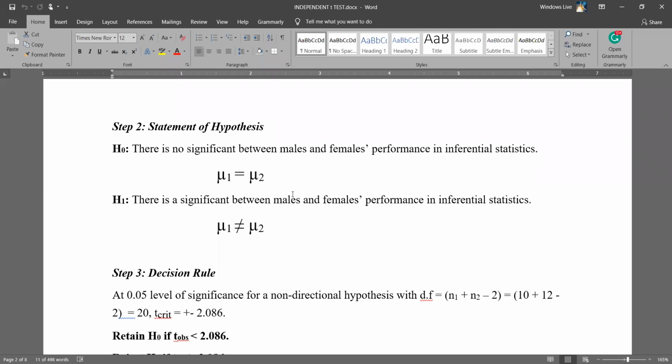When you see a hypothesis like this, we call it a non-directional hypothesis, or sometimes a two-tailed hypothesis. I'm repeating: when they don't tell you the direction between the two groups.